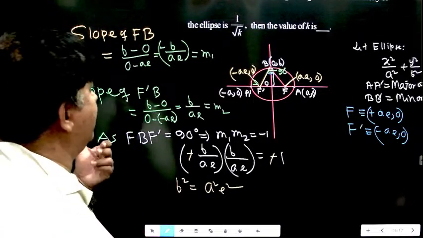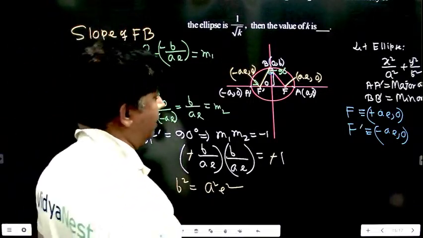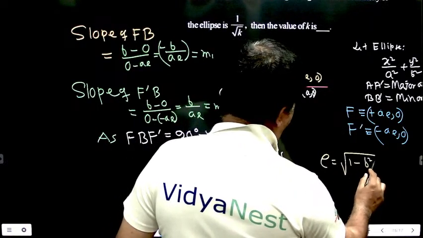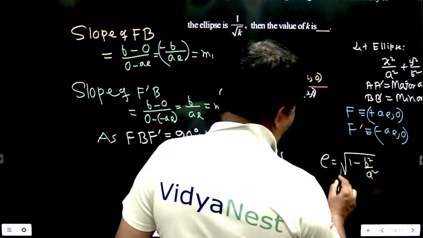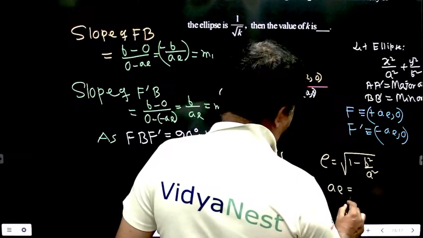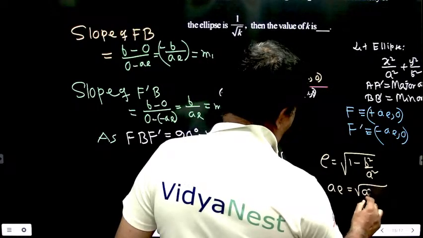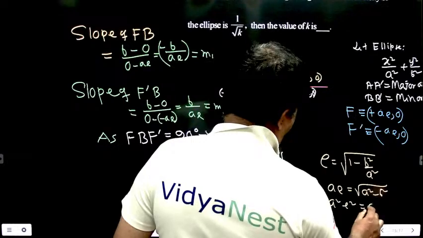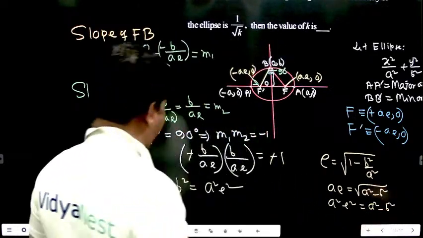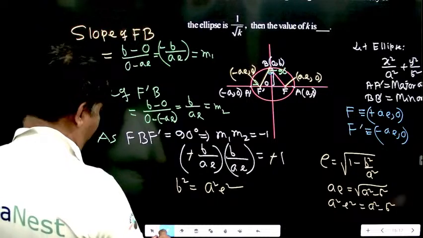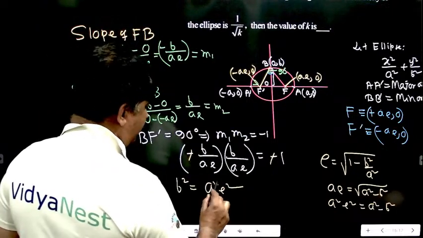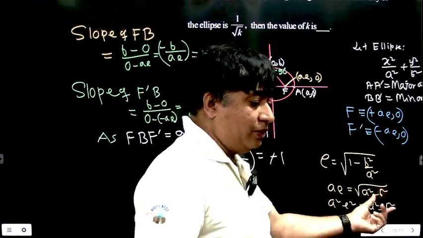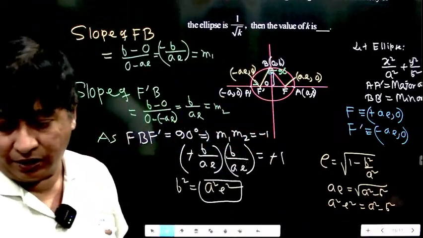So this result you have got. How does it help us? e is what? Take the LCM. So instead of a square minus b square, that value will be dragged and placed.